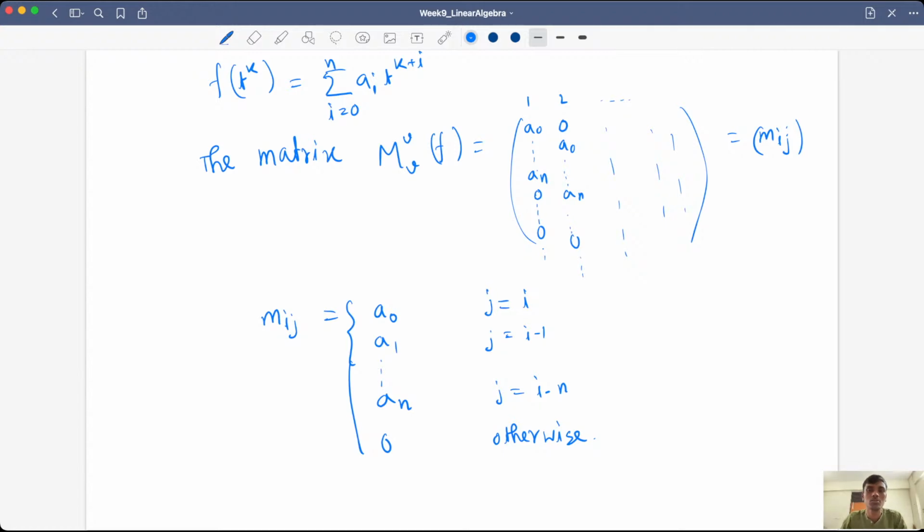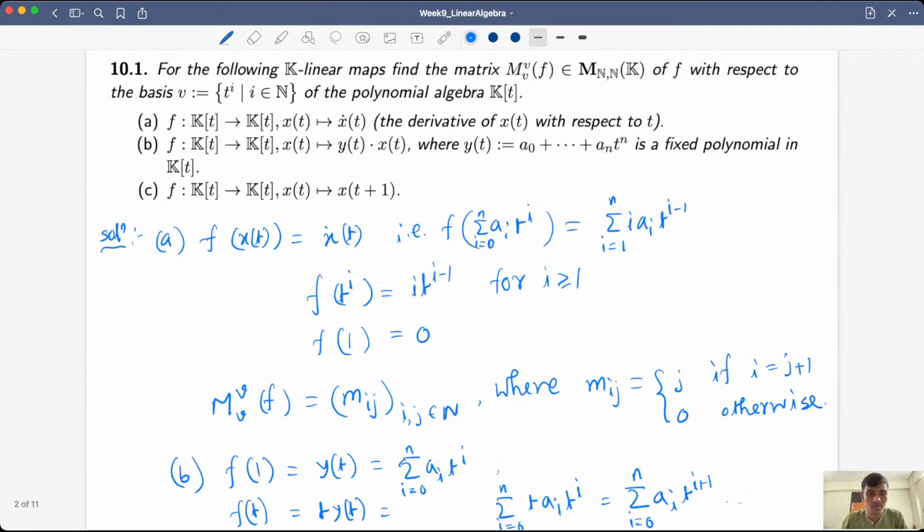If a0 was 0, then this is not an invertible matrix. And for the first one, you again have a non-invertible matrix, because the first column is completely 0, so this is again not invertible.